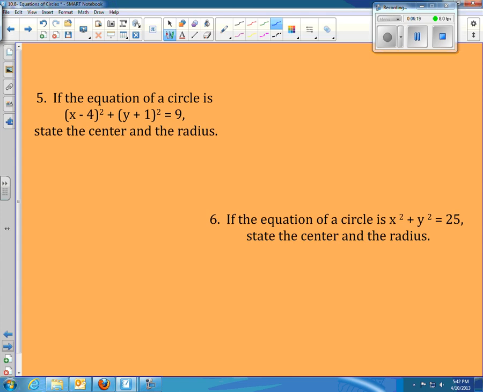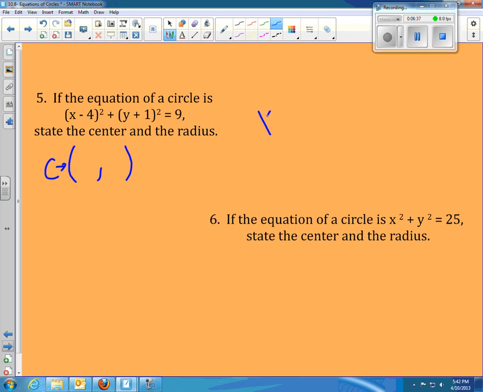If the equation of a circle is (x - 4)² + (y + 1)² = 9, state the center and the radius. All right, so your center is an ordered pair, and it's actually opposite of what you see in the parentheses.